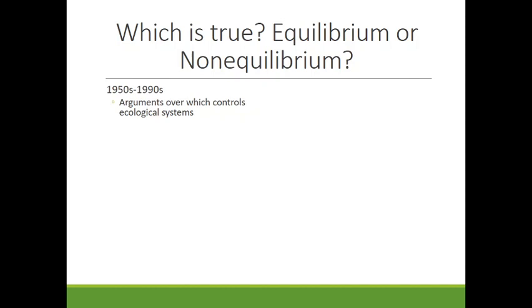Then in the 60s, a lot of people came in and said no, it's actually non-equilibrium processes, these random factors, where weather comes in and wipes out half the population. That kind of thing is what controls population numbers. And this is really a false dichotomy. You can't say that it's one or the other. So, which one is true?